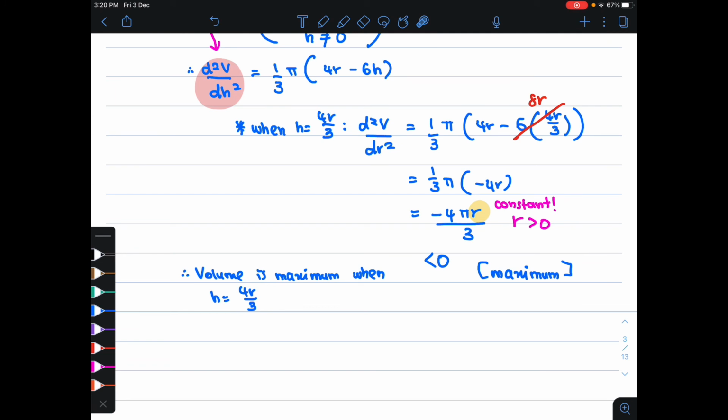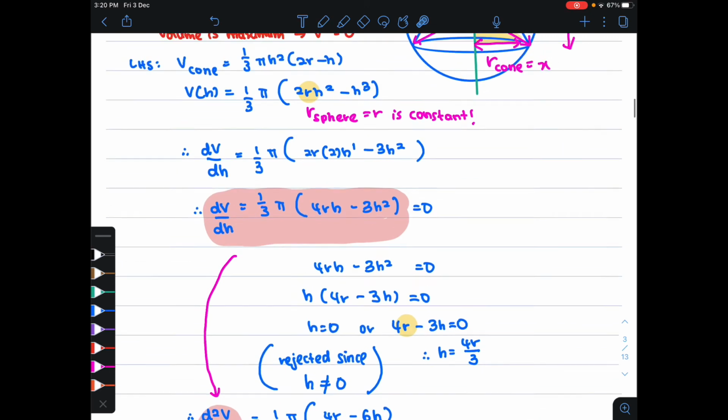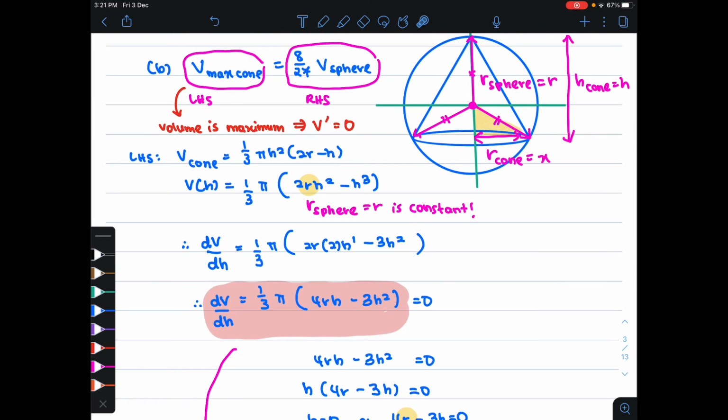So, that means, just substitute this H into the volume of cone. Just substitute back into the formula for volume of cone. And we know that the volume of cone is this one. Okay? So, copy back.